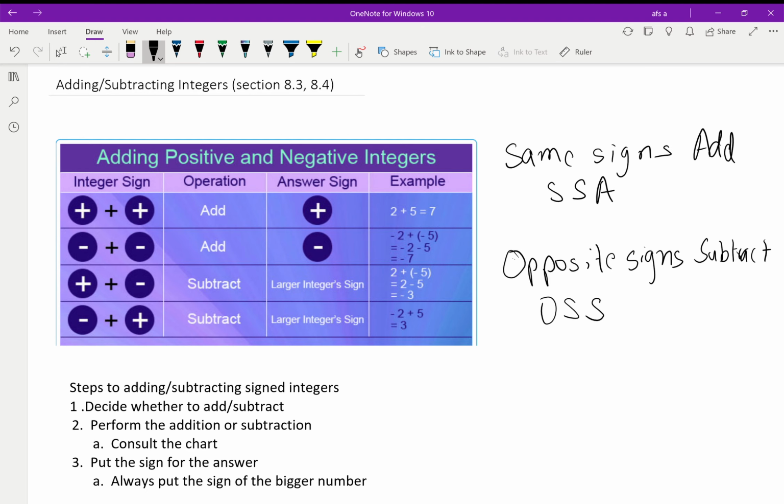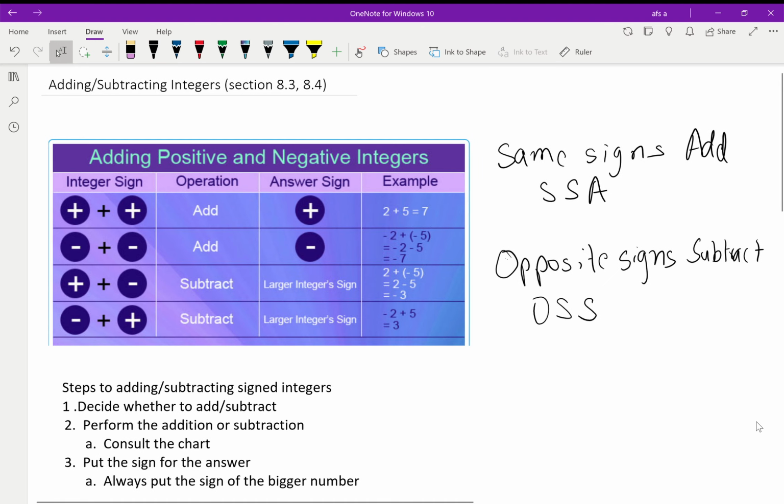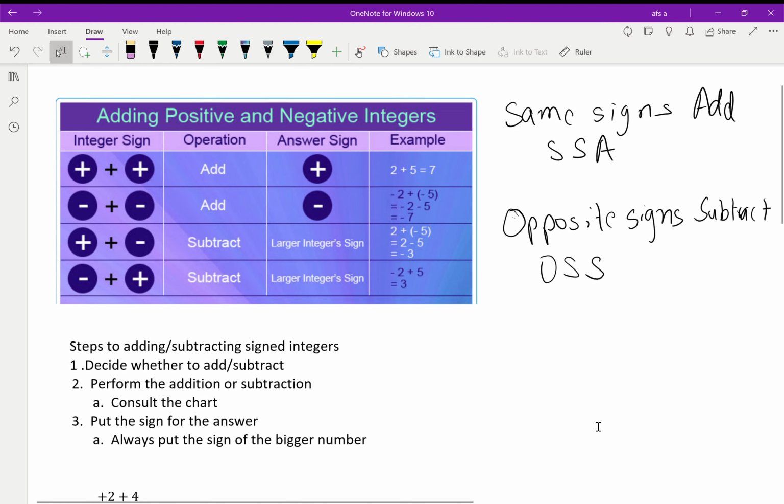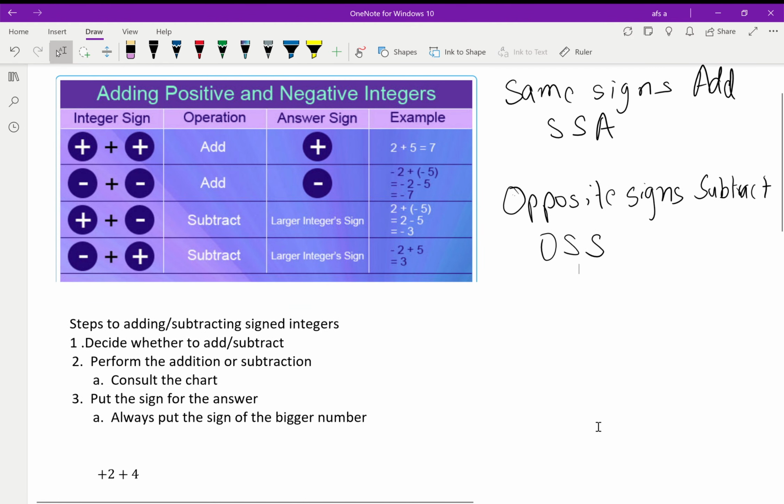Now, let's take a look at the rules on how to actually work with this. When you get a problem to add or subtract signed integers, the first thing is to decide whether you should be adding or subtracting. This is where the acronyms we just decided on, or the chart, come in handy. If I am given two numbers with the same sign, I'm going to be adding their absolute values.